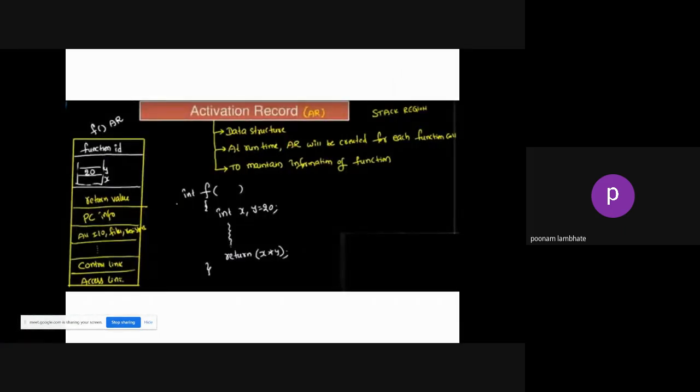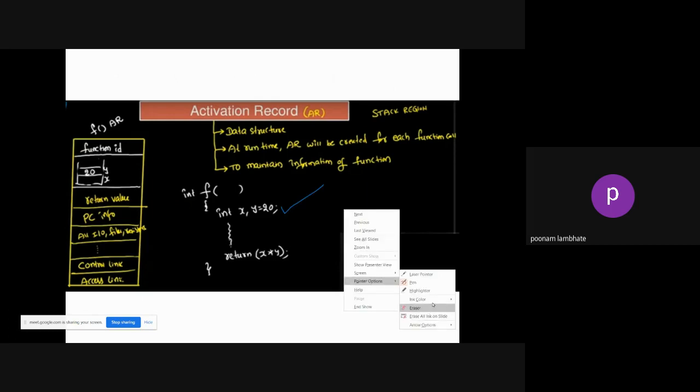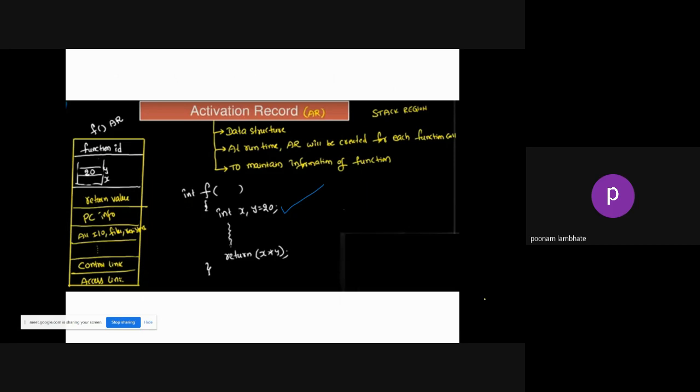So here I'm executing a function. There are some statements in the function, and then there is a return. So the activation record of F will be created.